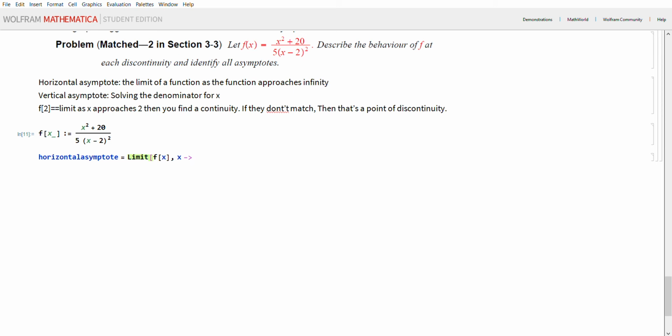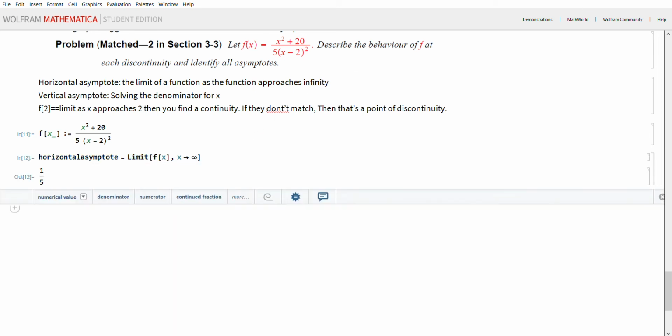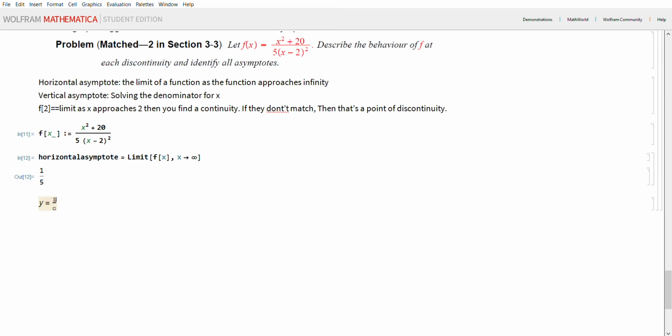If you don't memorize this, you can always find it from the palette and hover over it, and you will memorize eventually. Now close your bracket, shift enter, and this here is your horizontal asymptote. I'm going to press Alt 7 so I can type freeform, y equals 1 over 5. This here is your horizontal asymptote.